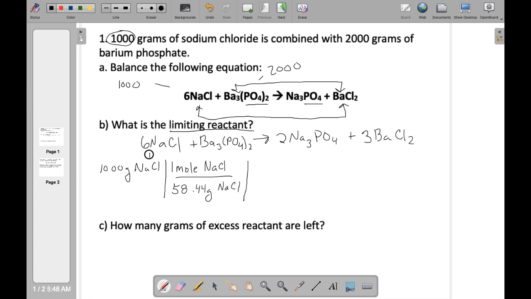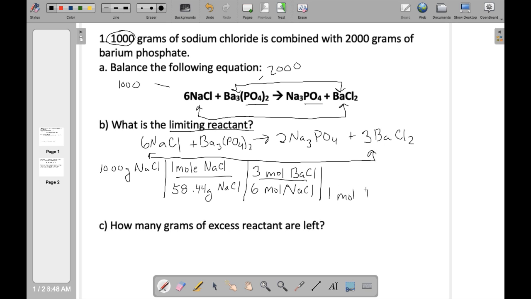6 moles of sodium chloride are equal to about 3 moles of barium chloride. Now I will convert this to grams. 1 mole of barium chloride. And I will find my molar mass with the periodic table is 208.23 grams of barium chloride.